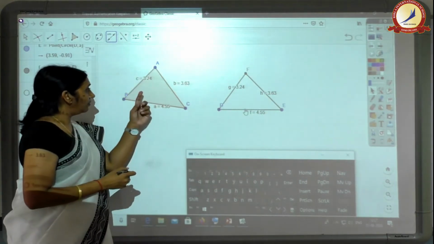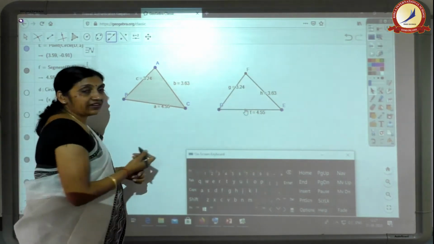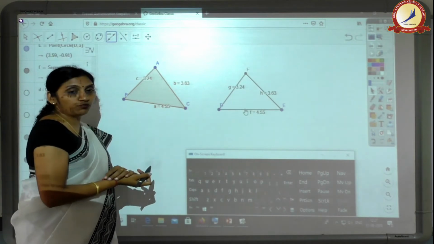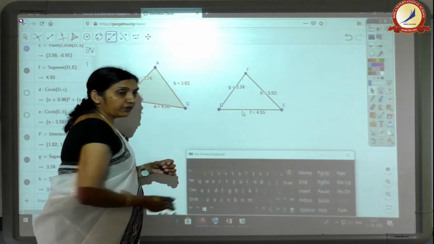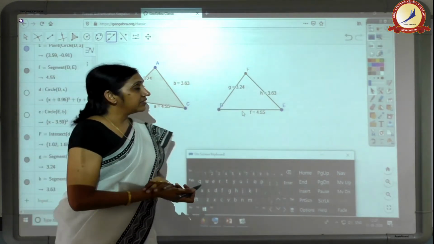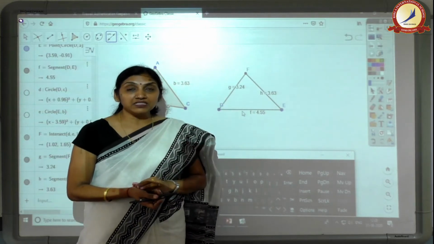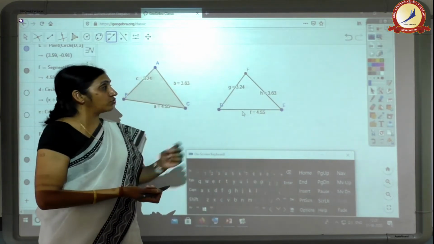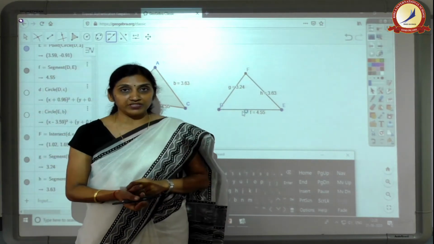If you observe, segment AB is equal to segment FD, that is 3.24 units. Segment BC is equal to segment DE, 4.55 units, and similarly segment AC is equal to segment EF. Hence, triangle ABC is congruent to triangle DEF by SSS congruency rule.